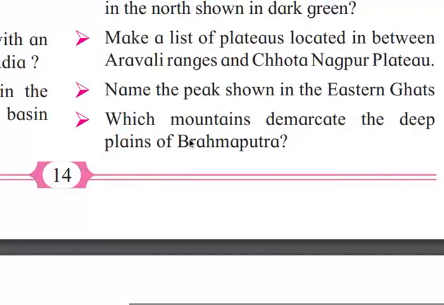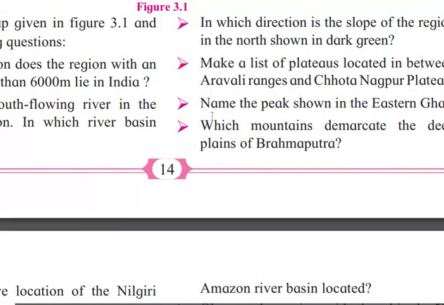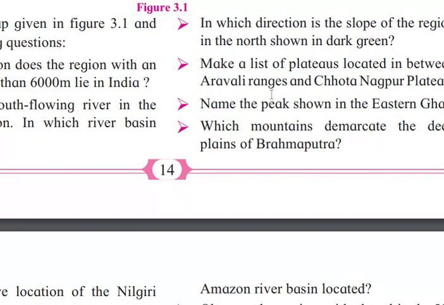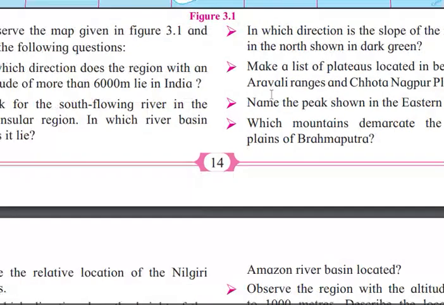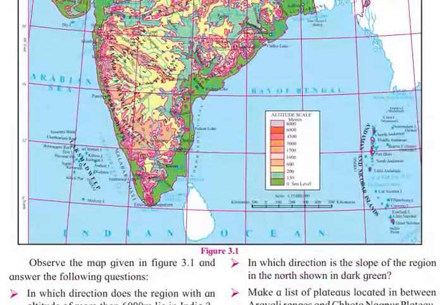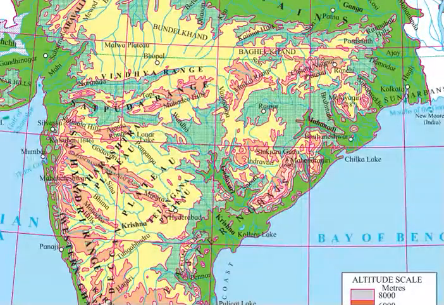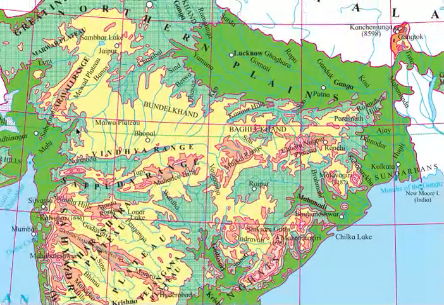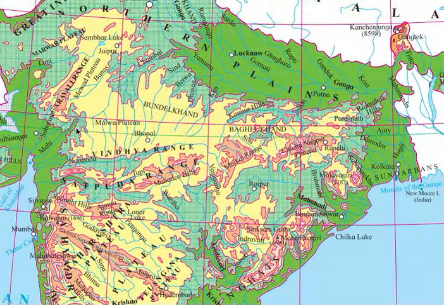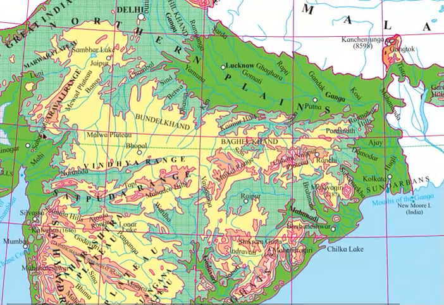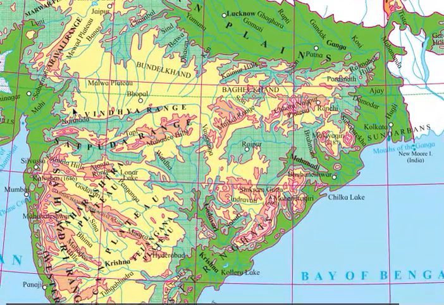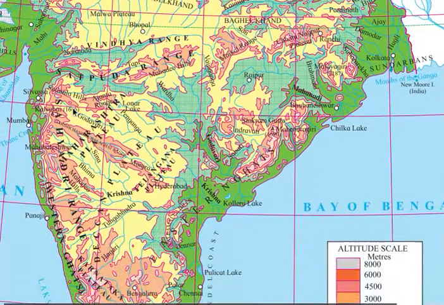Make a list of plateaus located between the Aravalli ranges and Chota Nagpur. How many plateaus are there between the Aravallis and Chota Nagpur? First you need to identify where the Aravallis and Chota Nagpur are. The Aravalli range is here, clear? And where is Chota Nagpur?